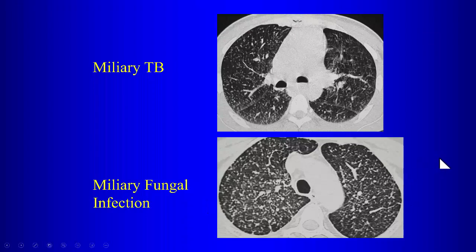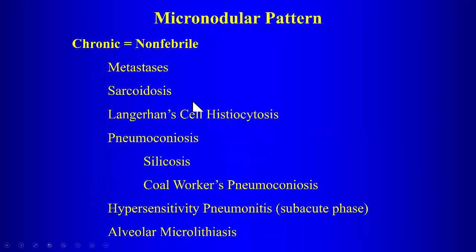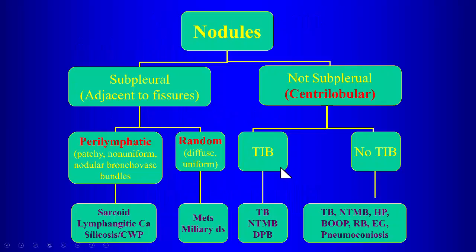They give you a random distribution of small nodules throughout the lungs. Tends to be lower lung predominant because it's hematogenous dissemination. If the patient is not sick, mets, sarcoid, LCH, pneumoconiosis, hypersensitivity pneumonitis, we saw alveolar microlithiasis, and that's a little bit different. That has somewhat of a different appearance than these other entities on CT and on the chest radiograph.